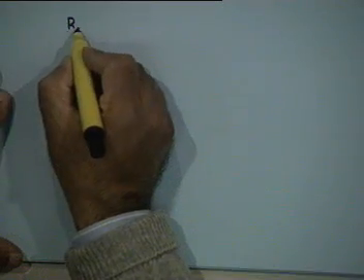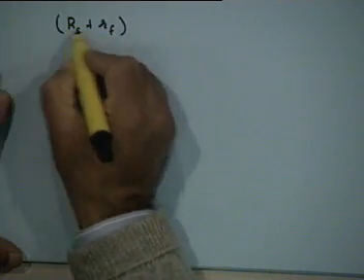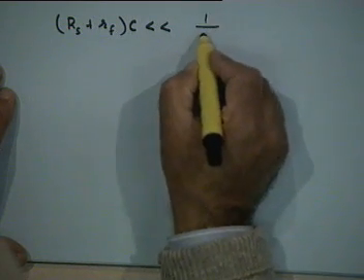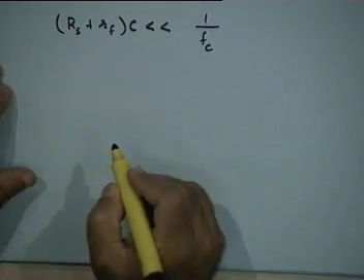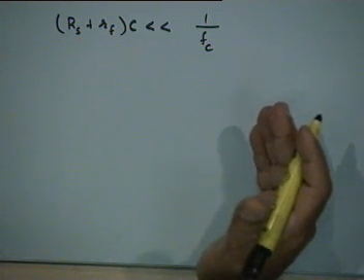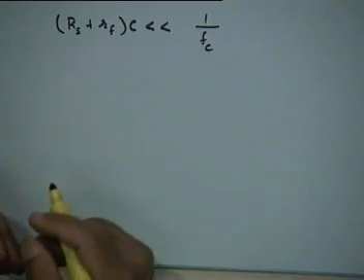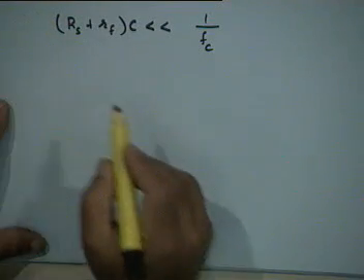The point is that for the charging time constant, the condition we should have is that this time constant is much less than 1 over fc, the time period of the carrier wave, so that the capacitor charges immediately the moment the diode starts to conduct, and follows the positive half cycle of the carrier wave as it comes. So this is one condition that is required.